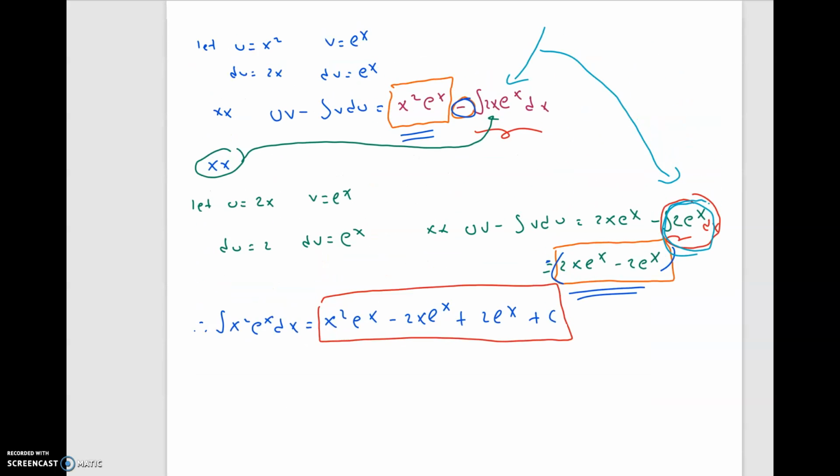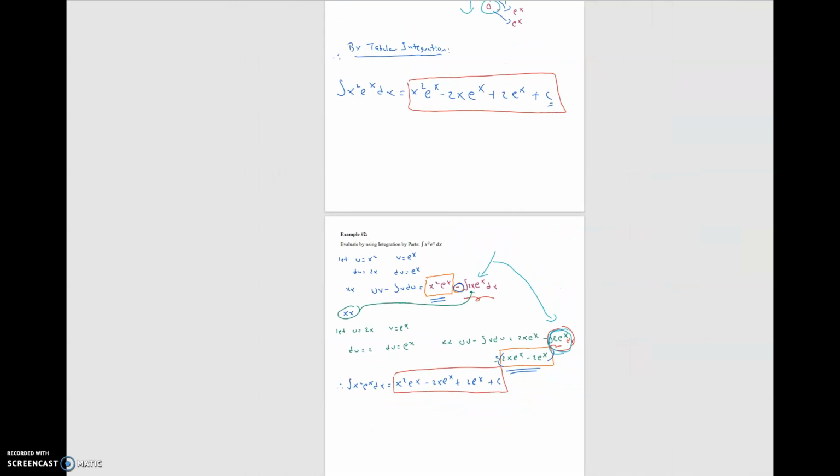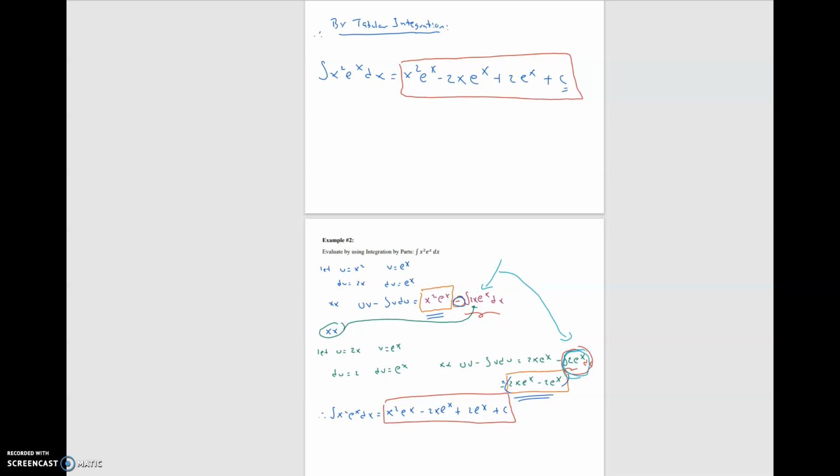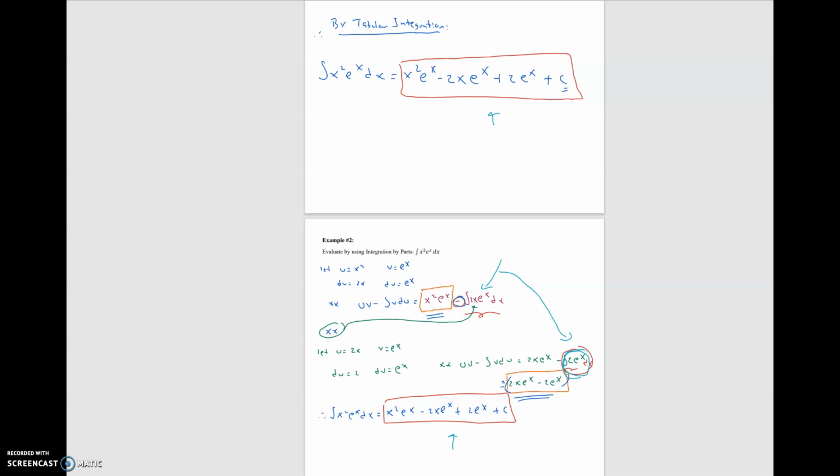The last portion that I wanted to leave you with is that for some of your problems, the solutions you obtain may not be identical. You may end up with a negative constant. In this case, if I had followed the algebra, this would have technically been a negative c.